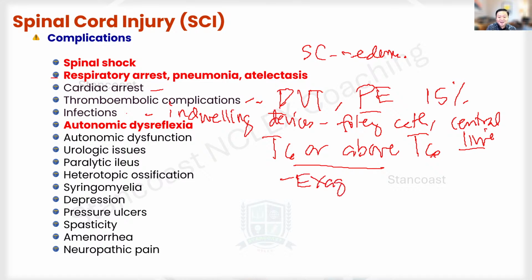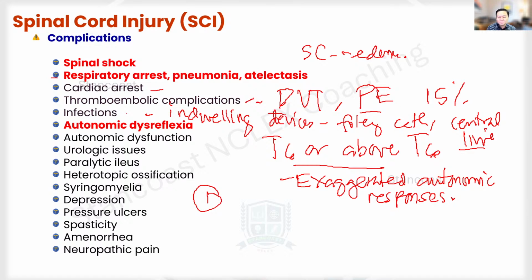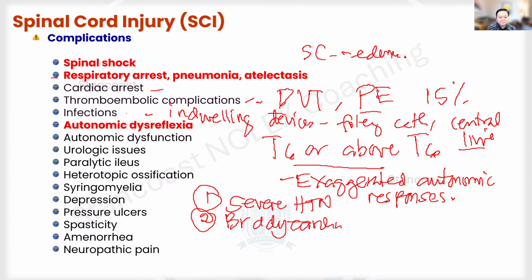Exaggerated autonomic response. So we'll find out what this is exactly. What are those responses that we usually will see in the NCLEX? Well, one of those is severe hypertension, HTN. They will end up with bradycardia. What else?